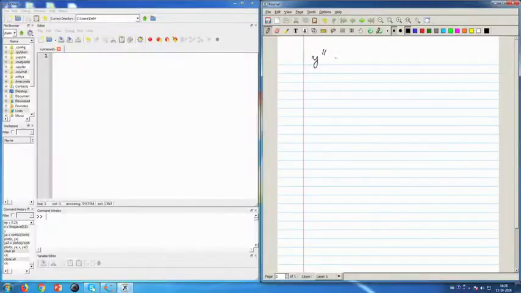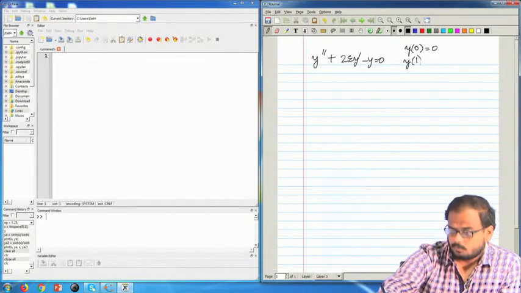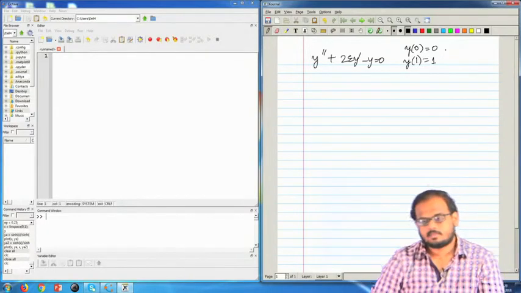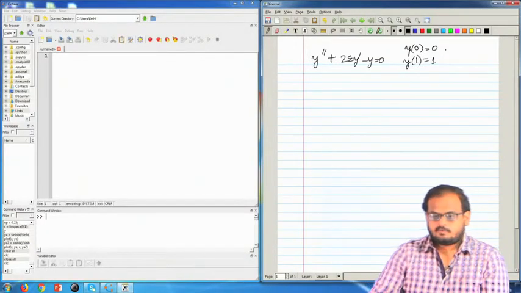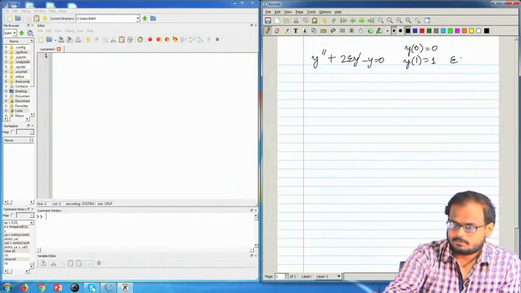So, let us consider the differential equation y double prime plus 2 epsilon y prime minus y equal to 0, subjected to y(0) equal to 0 and y(1) equal to 1, where epsilon is a small parameter.